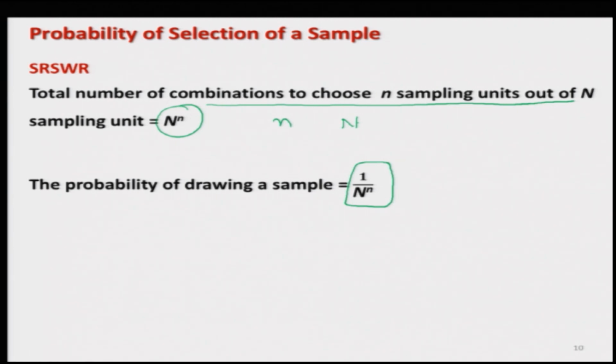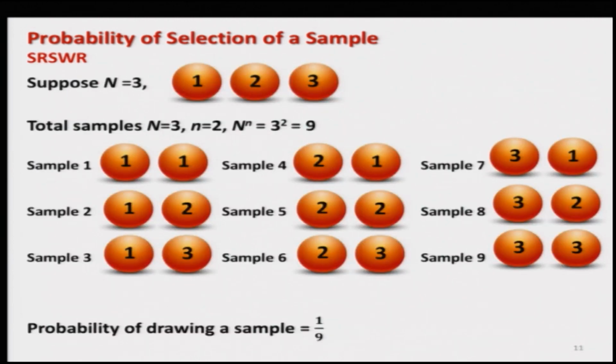So this is the probability of drawing a sample in case of SRSWR. Now let me take the same example and try to illustrate what this means. So once again I take the same example. I have here 3 balls, ball number 1, ball number 2 and ball number 3, and I want to draw a sample of size say 2. So in this case capital N is equal to 3, small n is equal to 2. So there are altogether 3 raised to the power of 2, that is 9, total samples.